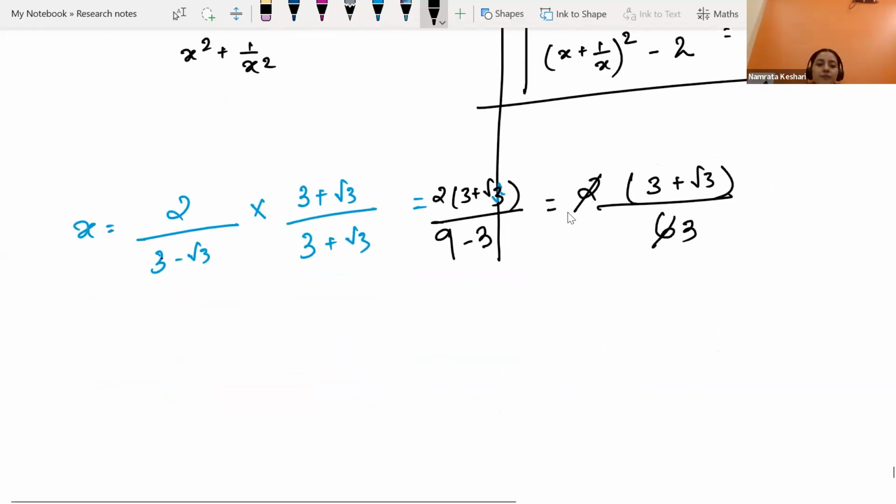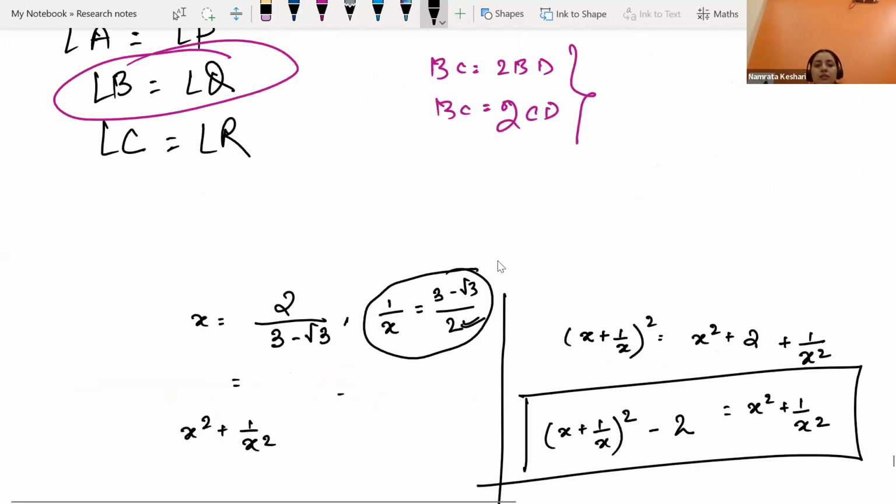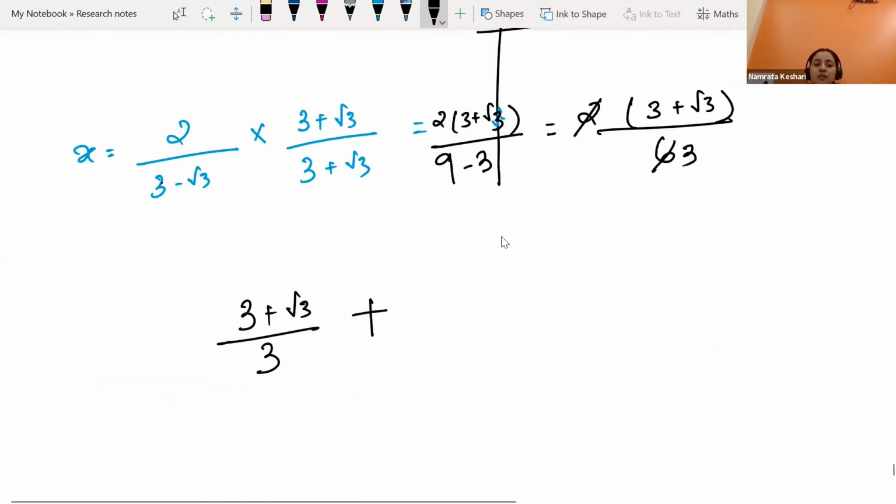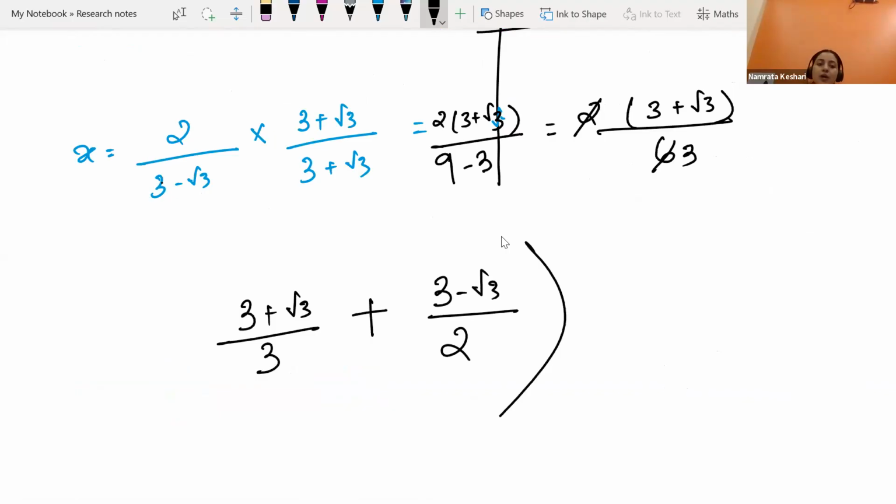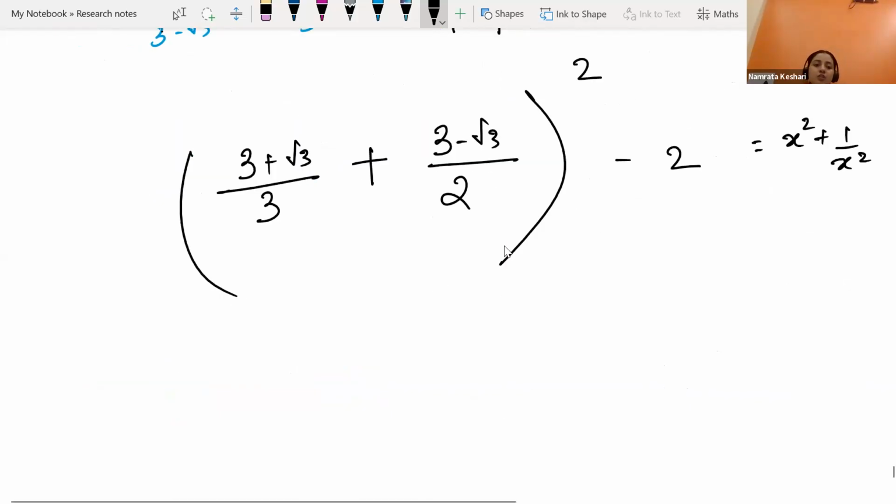So x is 3 plus root 3 by 3, and 1 by x is 3 minus root 3 by 2, and we are not having just x plus 1 by x. We are having the square of that and then minus 2, and that will give x square plus 1 by x square. Now we need to do a little bit of simplification over here.